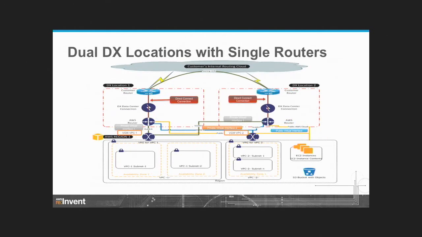You can also run dual Direct Connect locations, so you're actually hitting AWS in a single region at 2 different buildings. So in US West 1, Northern California, you can meet us at 1 Wilshire, CoreSite 1 Wilshire, or Equinix San Jose. If you're on the East Coast and you're trying to hit US East, you can meet us at Equinix Virginia or CoreSite New York. And so now you've got building redundancy or location redundancy built into your solution.